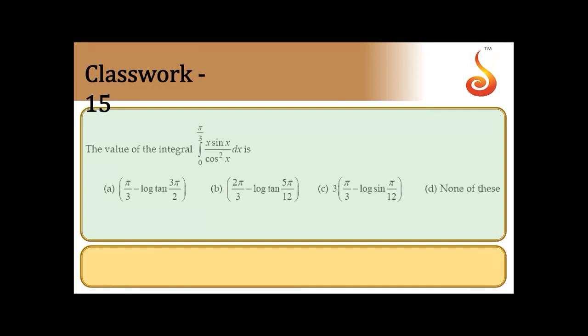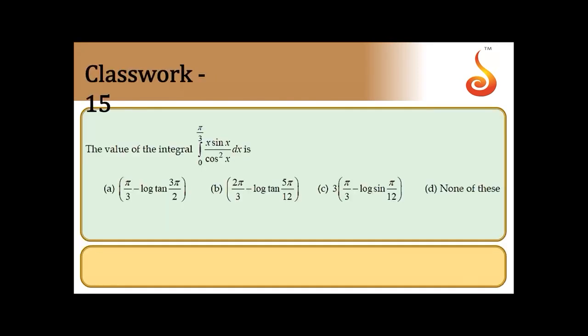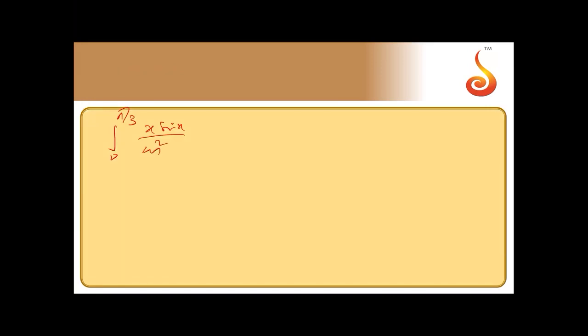Coming to the next, the 15th one, 0 to pi by 3, x sin x by cos square x. So integral 0 to pi by 3 x sin x divided by cos square x.